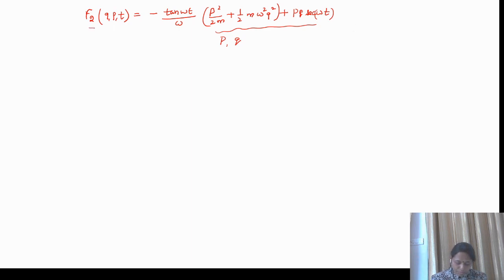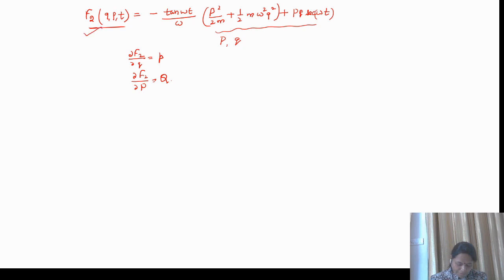This is F2. So I'll write the equations of motion regarding F2. Delta F2 by delta q is equal to p, and delta F2 by delta P is equal to Q. These are the equations regarding F2.